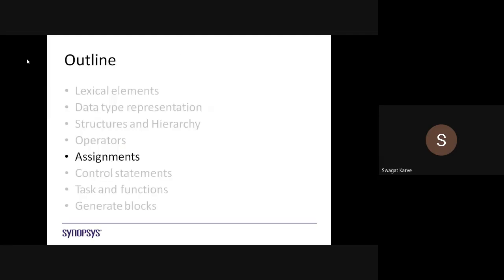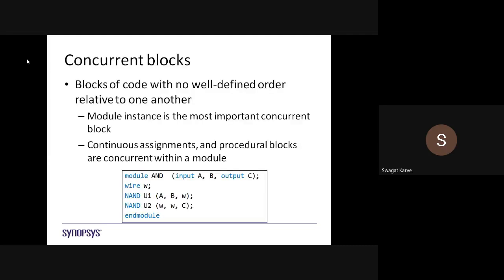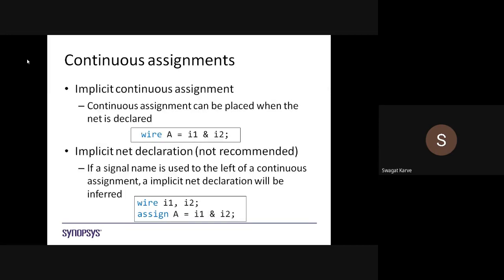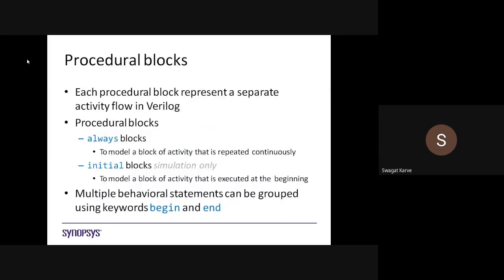Okay, now up till now we have discussed the lexical elements, then data types, representation, structures and hierarchy of programming for Verilog programming. Then we have discussed the operators also. Now we are going to discuss the assignments. In assignments, we have concurrent blocks, continuous assignments, then examples.